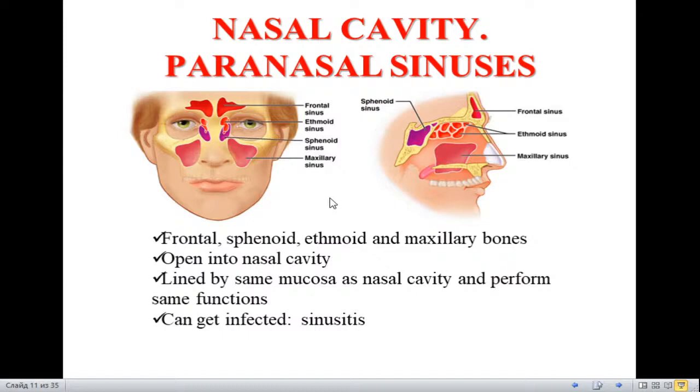The paranasal sinus is lined by the same mucosa as the nasal cavity and performs the same functions: moistening, warming, cleaning, and modifying the air. And the same as the nasal cavity, they can get infected and we have sinusitis in such case.